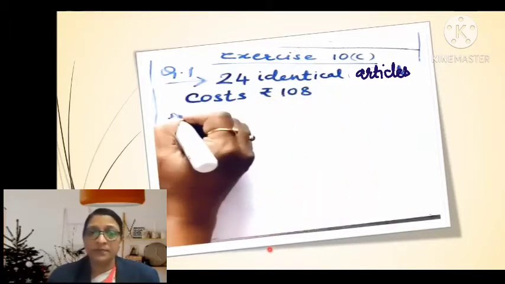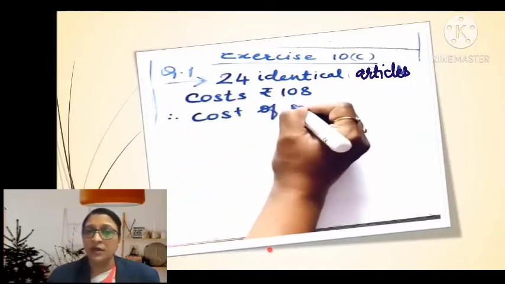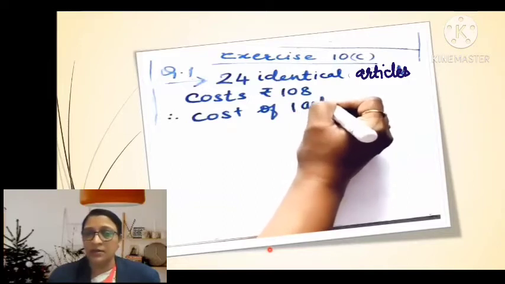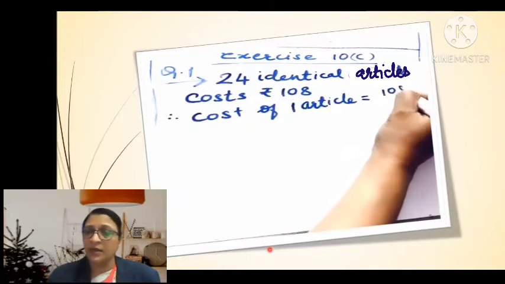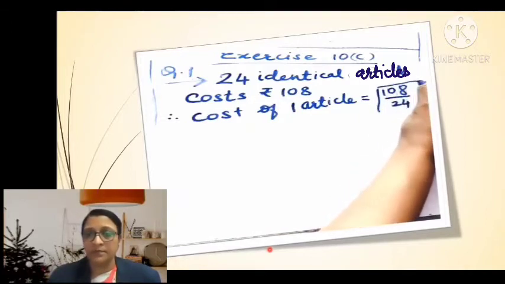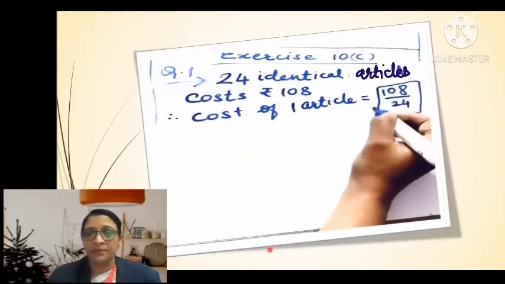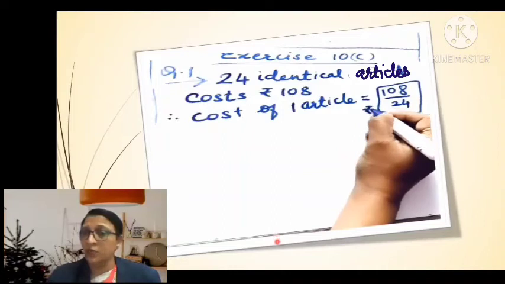Therefore, the cost of one article is equal to 108 upon 24. Of course, this is in rupees.